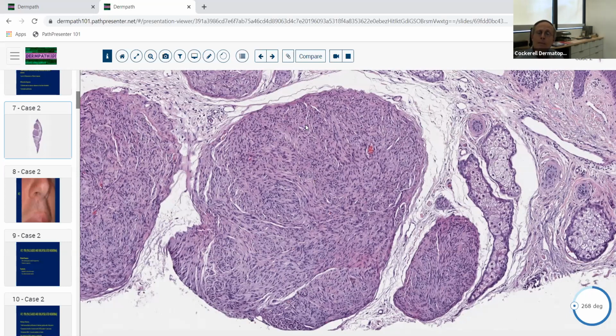Blood vessels can be spindle cell, both lymphangiomatous lesions and vascular lesions. And then you can sometimes get spindle cells in other lesions that don't usually have spindle cell morphology, like spindle cell squamous cell carcinoma. Melanocytic lesions can have a spindle cell morphology. So those are the main things we think about when we think about spindle cell.